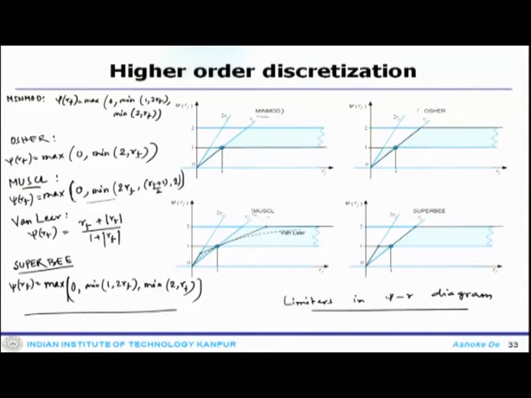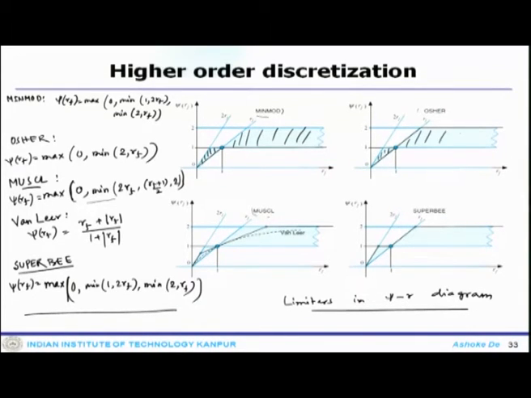So, these are the monotonicity preserving calculations for this. All these shaded regions here are going to provide the TVD kind of scheme.